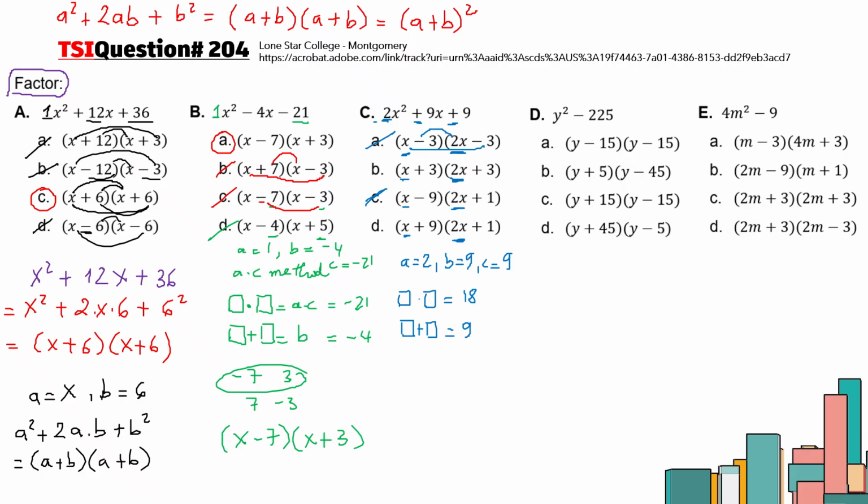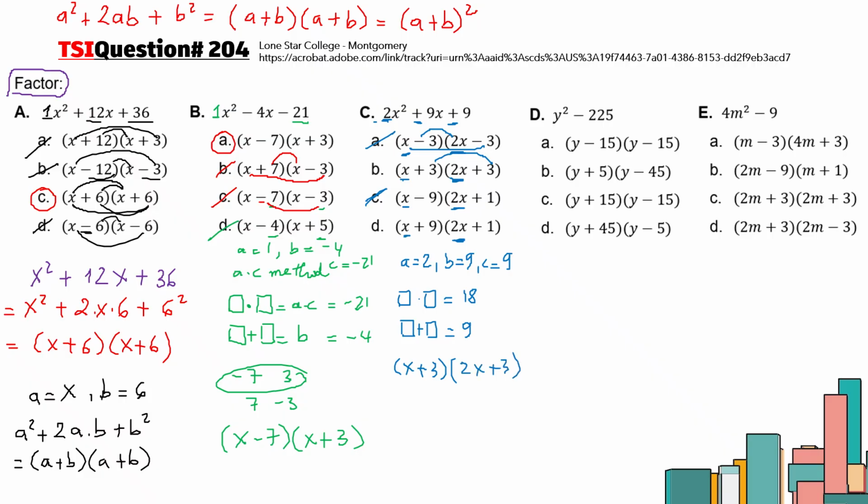Can we take a number, if it's 3, right? So you have 3 times 3 is 9. That works. Then you can do this to avoid doing the AC method as well.